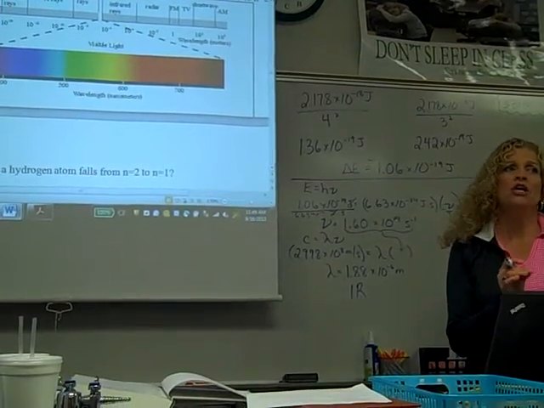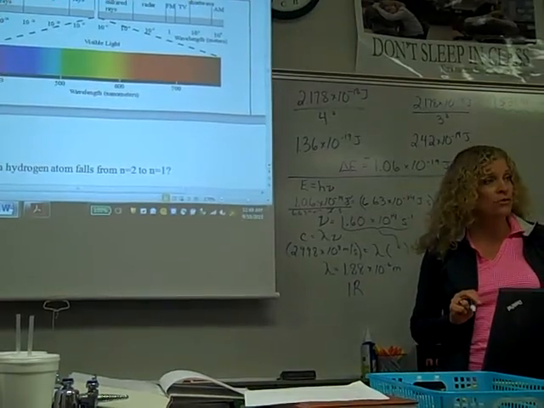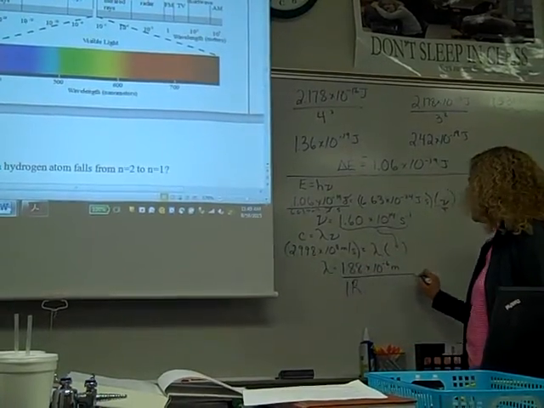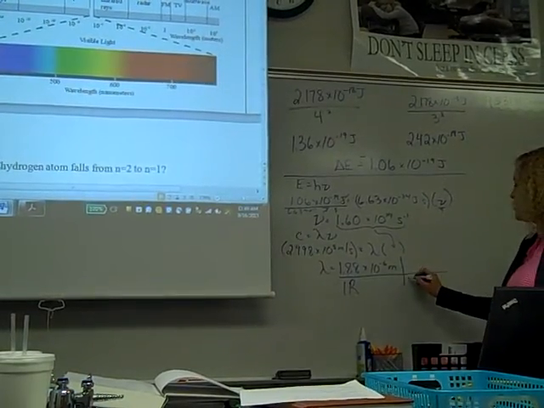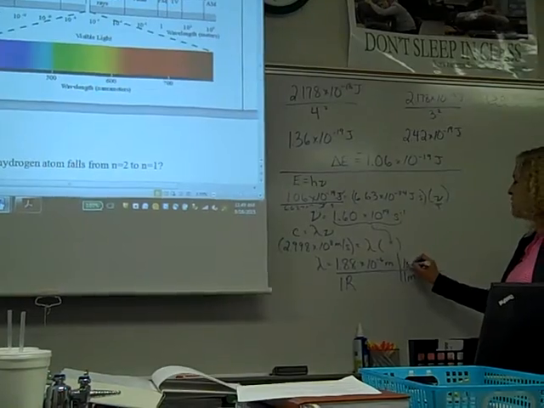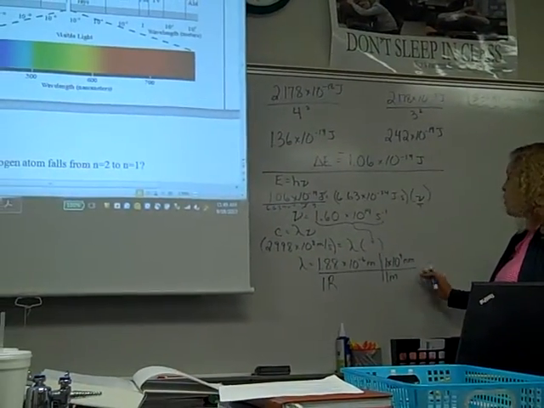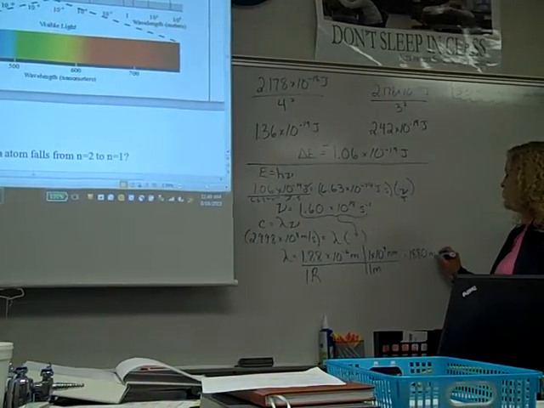Because you really should be able to go back and forth between meters and nanometers or picometers or angstroms very easily. There are lots of ways to do it. One way I use this bridge, I know that 1 meter is the same as 10 to the positive 9th nanometers. So I know that this is 1880 nanometers.